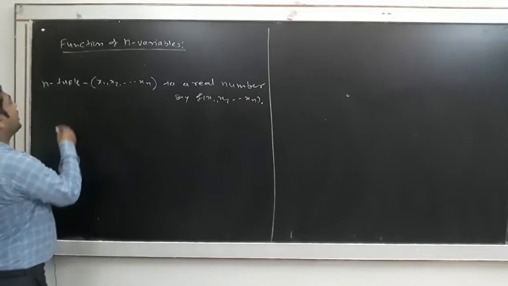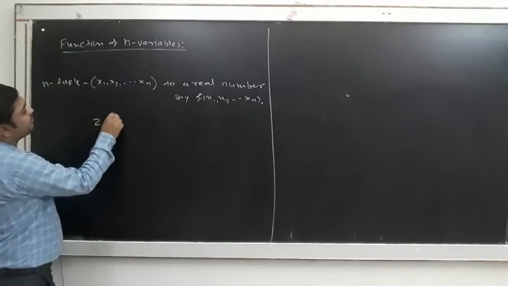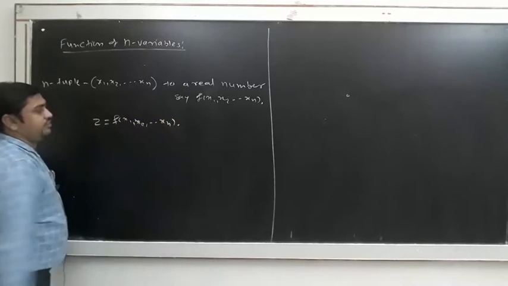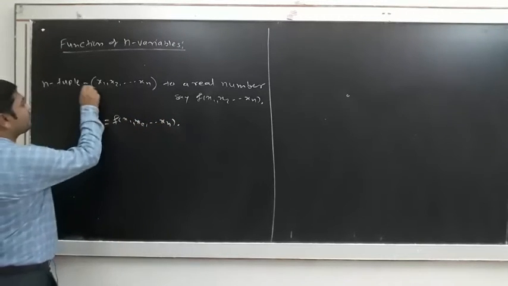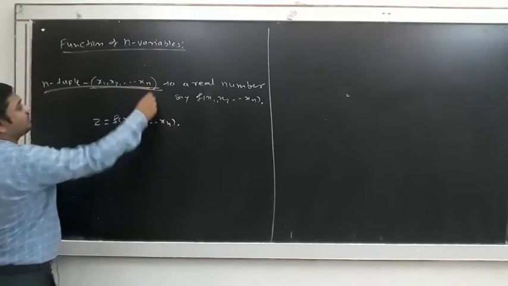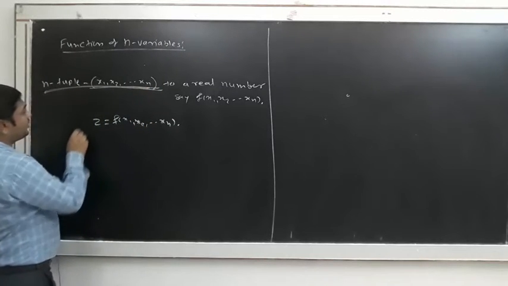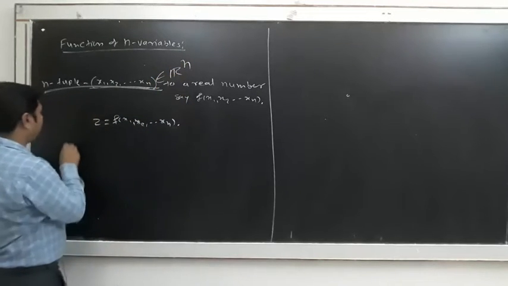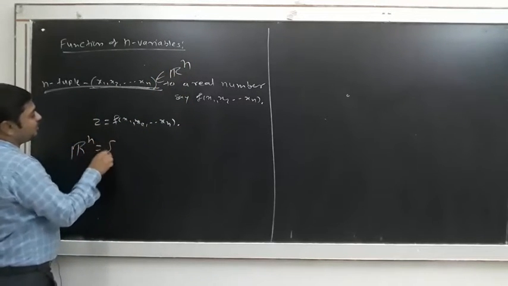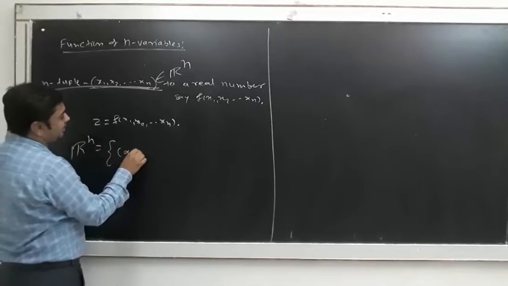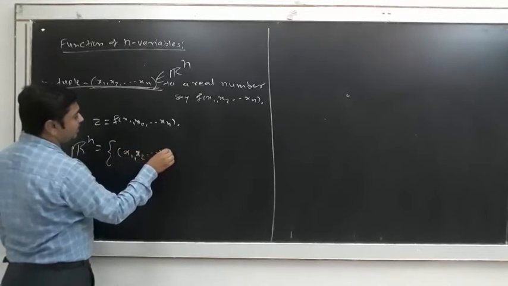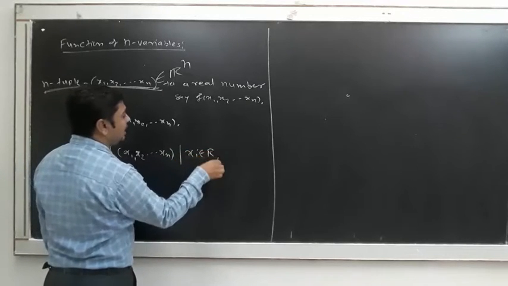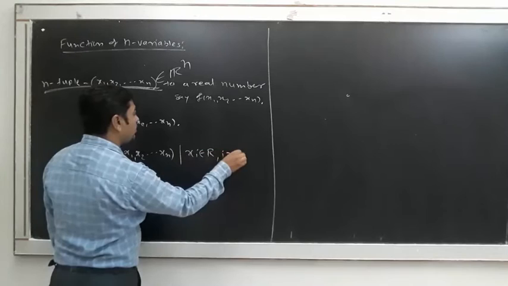That is, a function of n variables is a rule z = f(x1, x2, ..., xn), and this is our n-tuple. It belongs to Rn. And what is Rn? Rn is the set of all n-tuples (x1, x2, ..., xn), where all xi belong to R, and i = 1 to n.